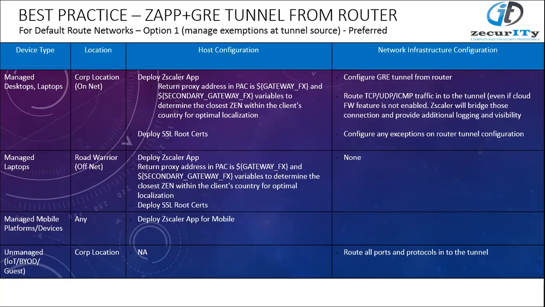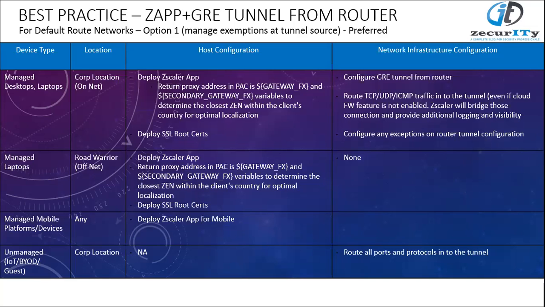For unmanaged networks like IoT, BYOD, or guest users connected from the corporate LAN, we need to have separate subnets for each VLAN and route all ports and protocols to the Zscaler tunnel.